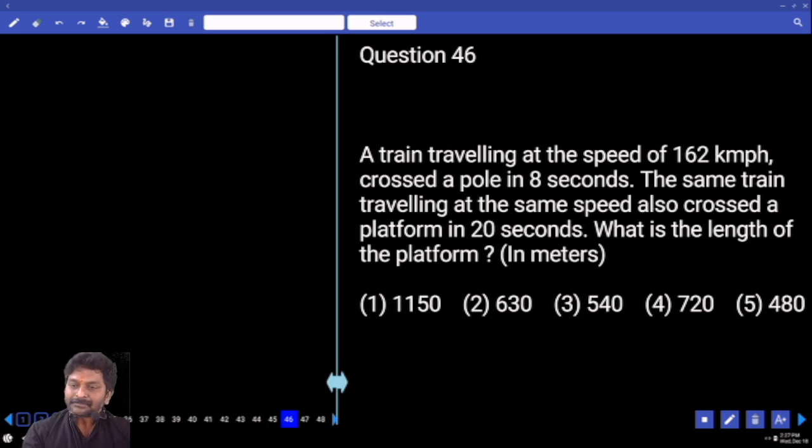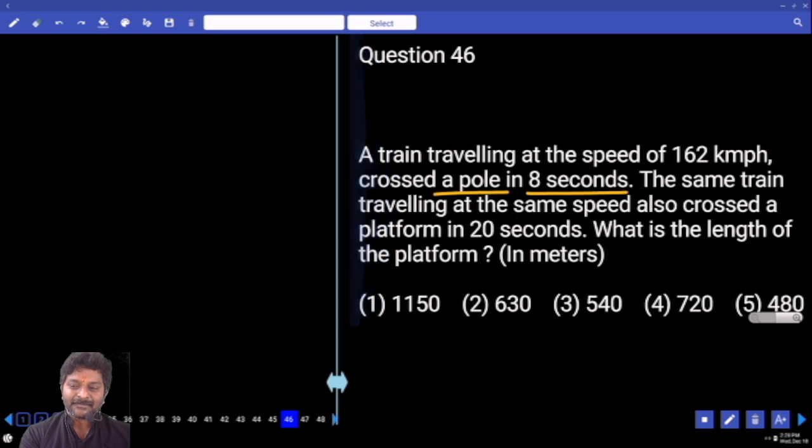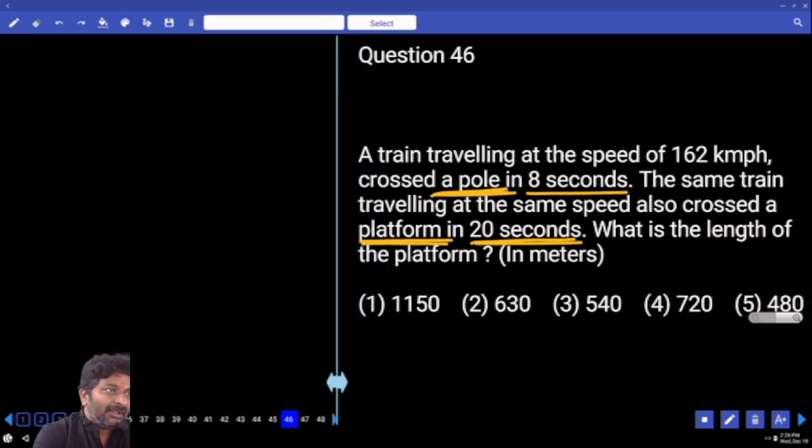A train traveling at a speed of 162 km/h crossed a pole in 8 seconds. The same train traveling at the same speed also crossed the platform in 20 seconds. What is the length of the platform? First it takes 8 seconds to cross, next time it takes 20 seconds to cross the platform. If it crosses a pole, it covers only the train length.